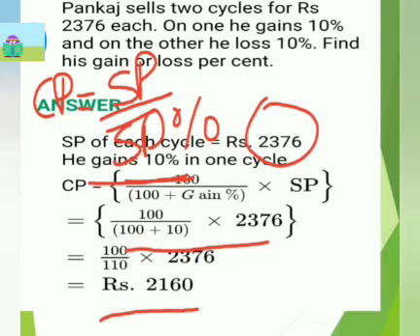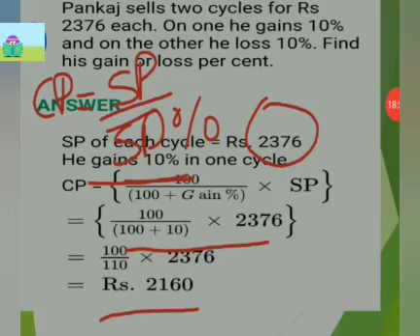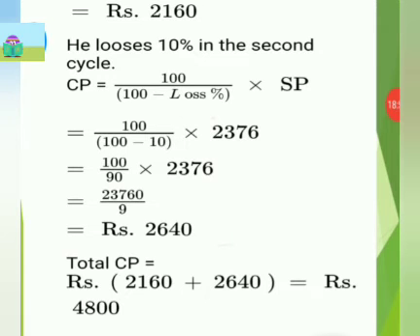Now let us calculate the CP of the next bicycle on which the shopkeeper is having a loss of 10%. So in the next case, he is losing 10% when he is selling the second bicycle. So let's calculate the CP of the next bicycle.